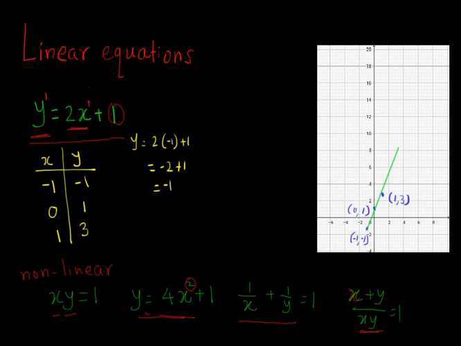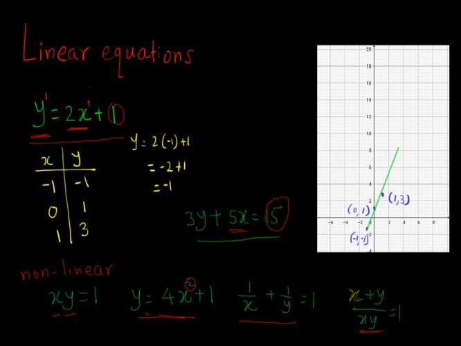I can give you another example of linear equation where I can say 3y plus 5x is equal to 15. So this is another example of linear equation. If you see here, this is my constant.